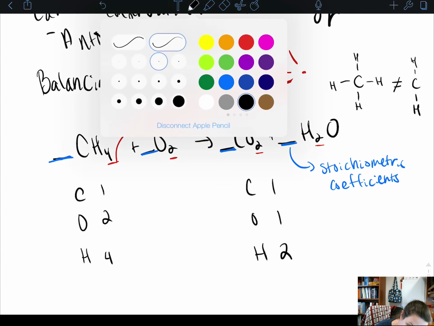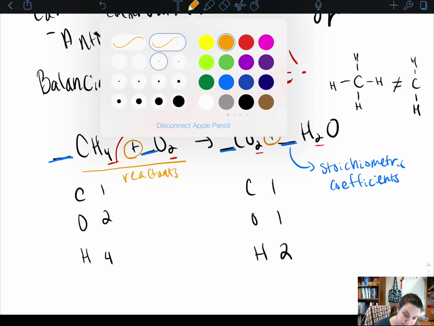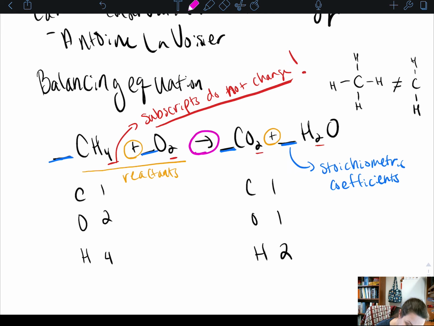These pluses here, we've got pluses on the left side and pluses on the right side. That means that the things on this side react together. So we would say that methane reacts with oxygen, CH4 reacts with O2. This side is our reactants. This arrow means to produce.